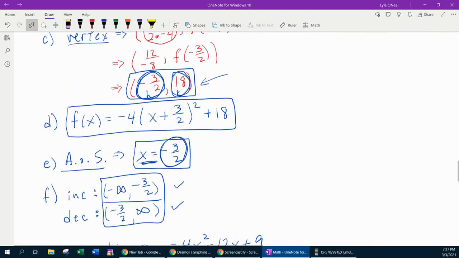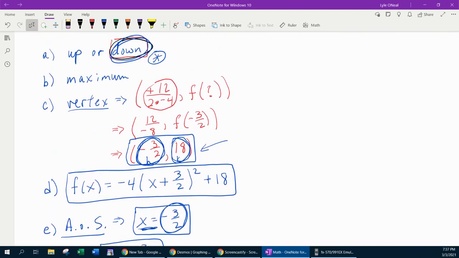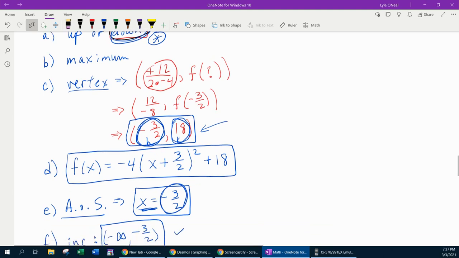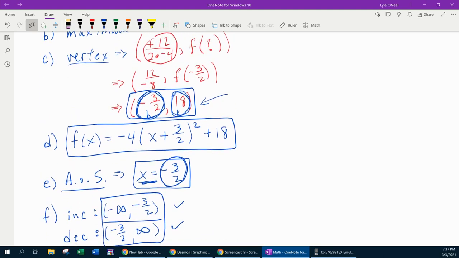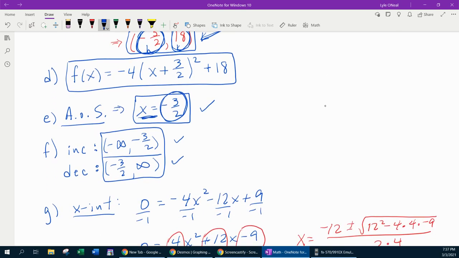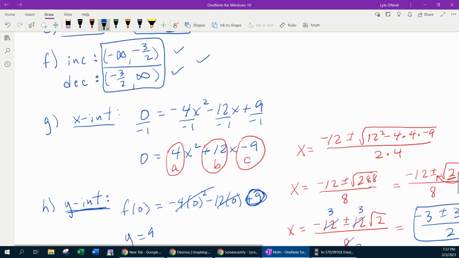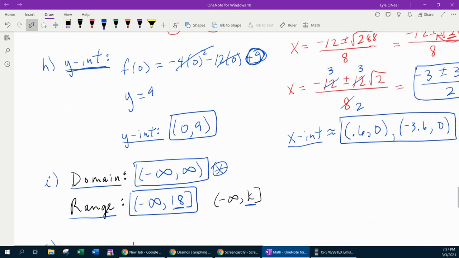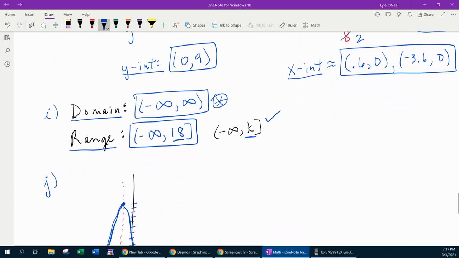So from what the calculator will give you, you can get the x-intercepts and the vertex, which gives you the axis of symmetry, the increasing and decreasing, and the range.